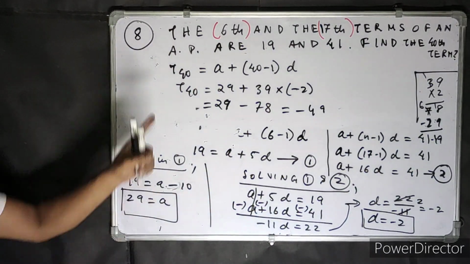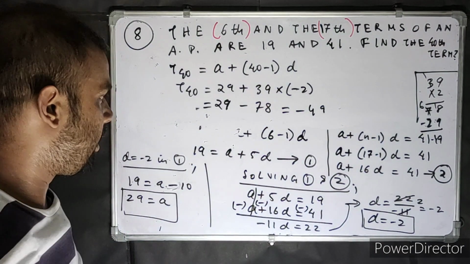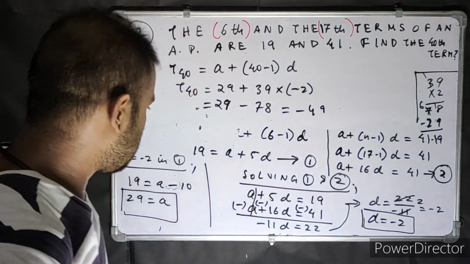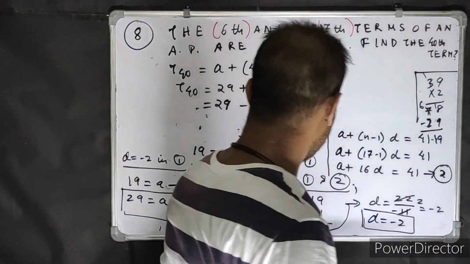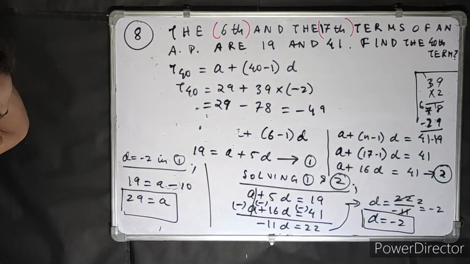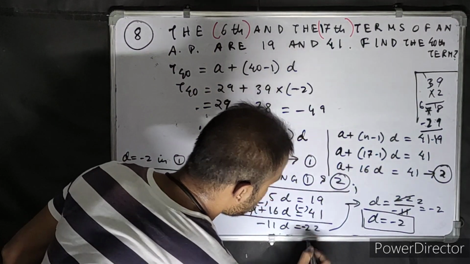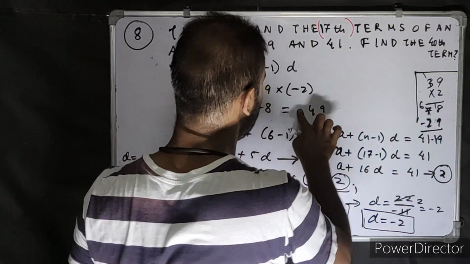The 6th term is 19 and the 17th term is 41. When I subtracted, I got a minus 11 here. That's where I made a mistake, because it cannot be negative, so it will actually be positive here.